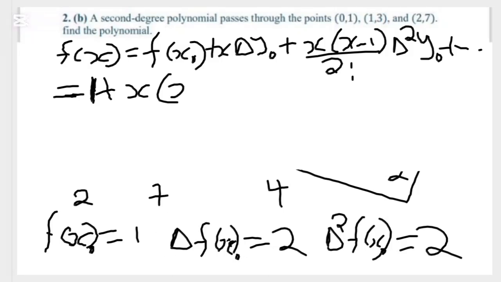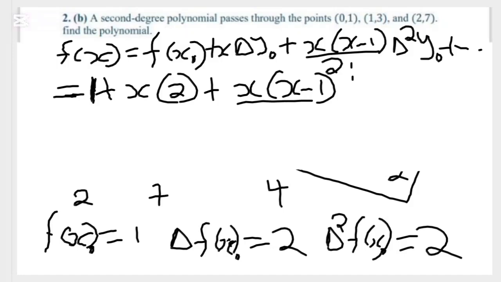So I'll now say 2 plus, I have x here. I have x minus 1 divided by 2 factorial, which is the same thing as 2, and therefore I have d square y naught, which is this. So I will say multiplied by 2. But don't forget, this 2 will go with this 2.